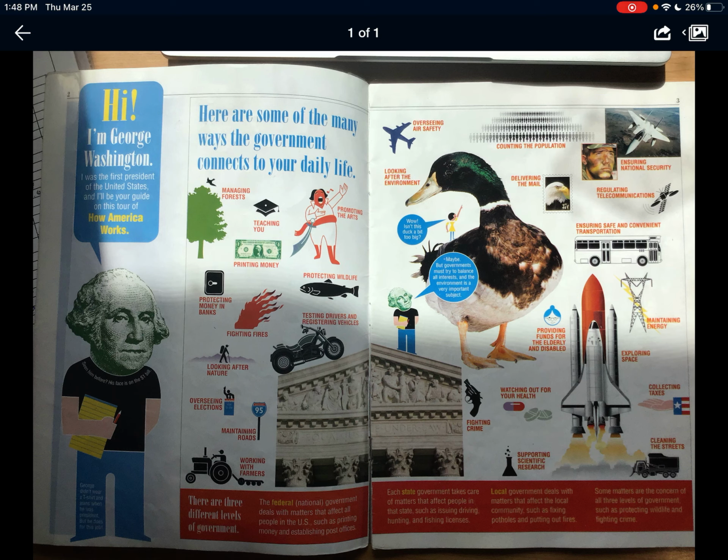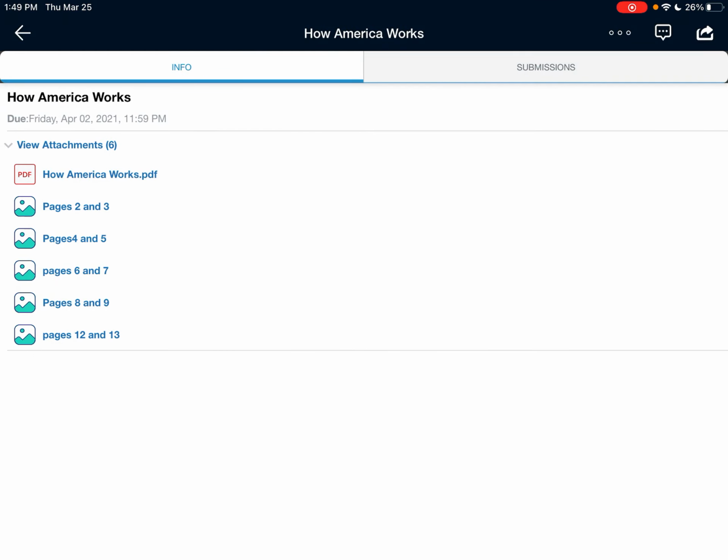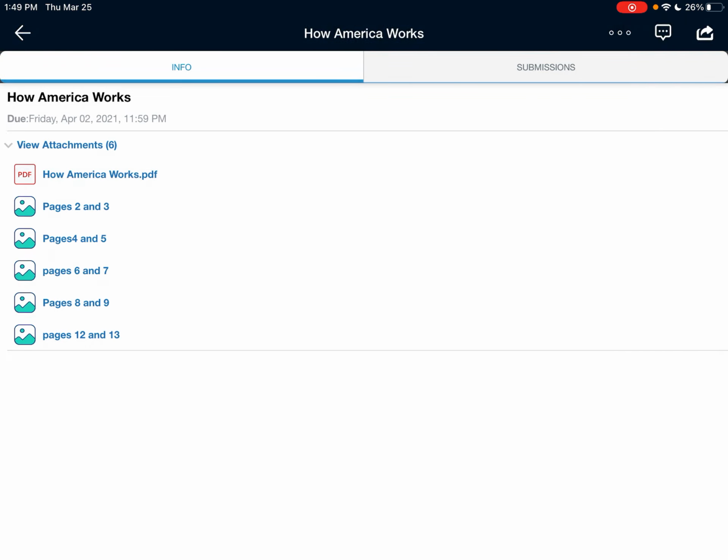As a citizen of this great country, we need to know the basics of what our federal, that's the United States government, does for us and what the process is for making those laws. Please use a copy of the handout How America Works to find out. That copy is right here on pages 2 and 3, 4 and 5, 6 and 7, 8 and 9, 12 and 13.